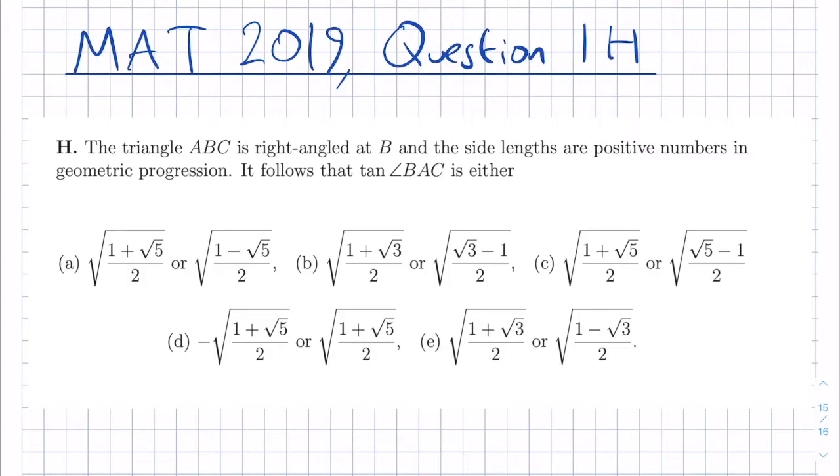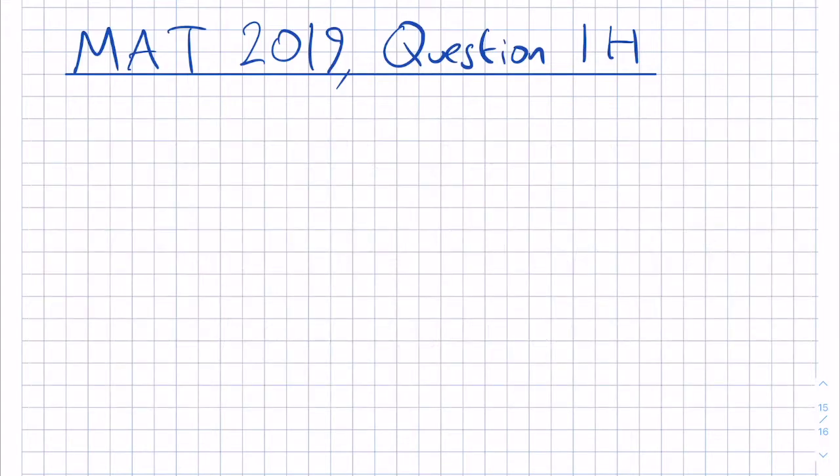It follows that tan of the angle BAC is either A, B, C, D or E, which have a variety of different square root combinations, like square root of (1 plus root 5) over 2, or square root of (1 minus root 5) over 2 for answer A, and so on for B, C, D, and E. But notice each answer has two different possibilities for that tan of the angle.